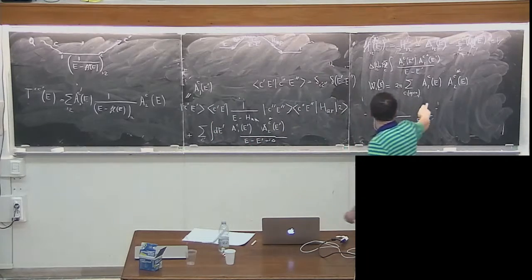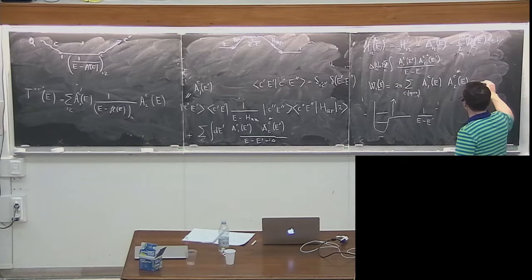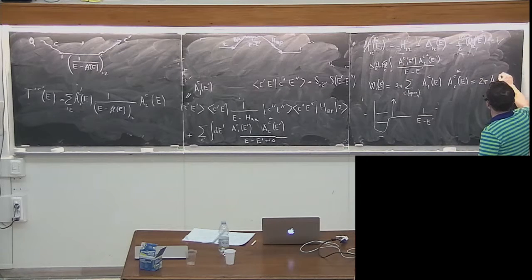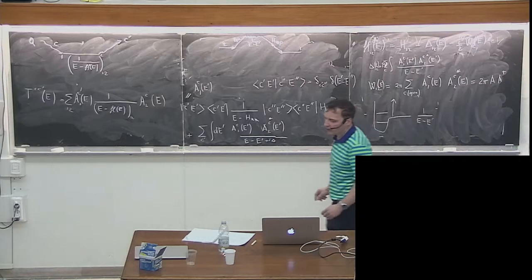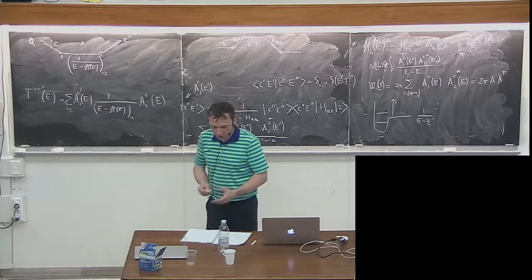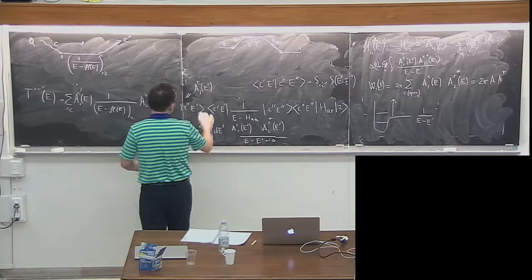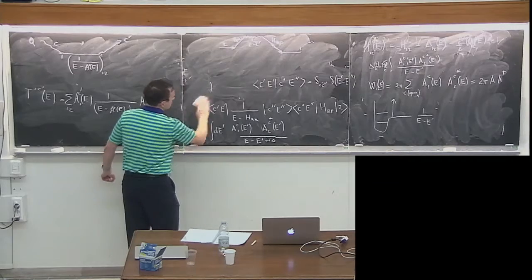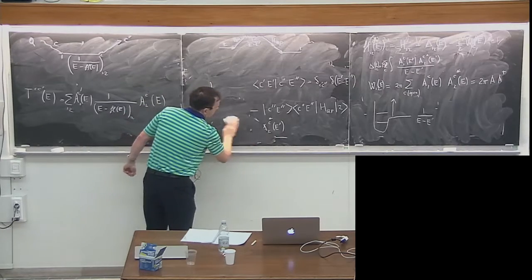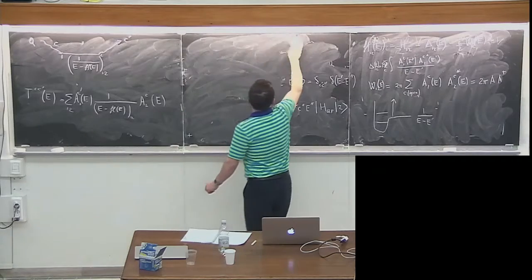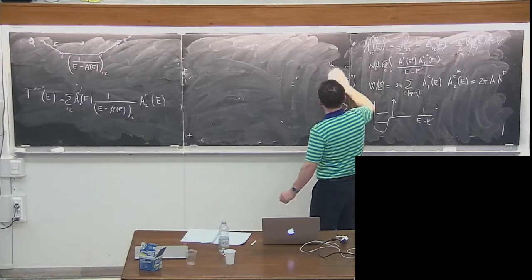So in principle, if you think of this A as a matrix, you can write this as 2 pi some A dagger. And if you do that, then we can consider the following question for scattering. So if I take this scattering process, and now I do it completely schematically.